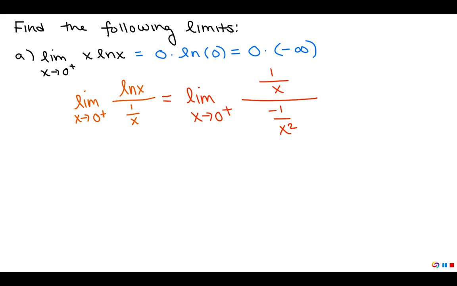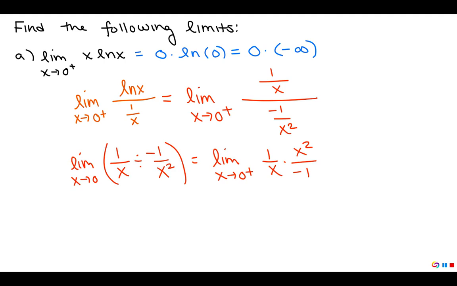All right, now I'm going to see if I can simplify this. So we've got 1 over x divided by negative 1 over x squared. Copy dot flip, that becomes limit x goes to 0 of 1 over x times x squared over 1. I'm sorry, x squared over negative 1.